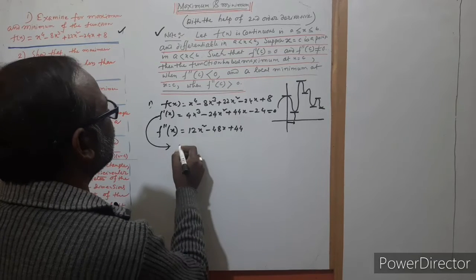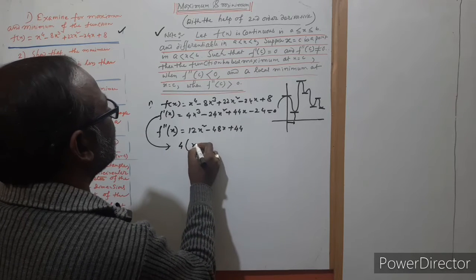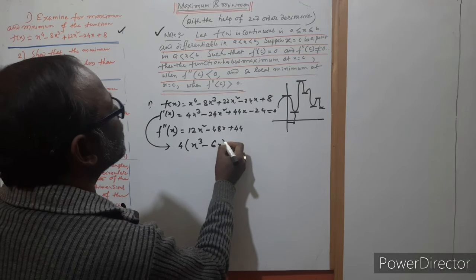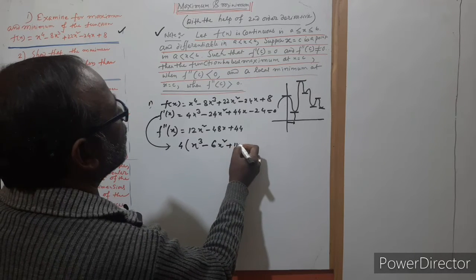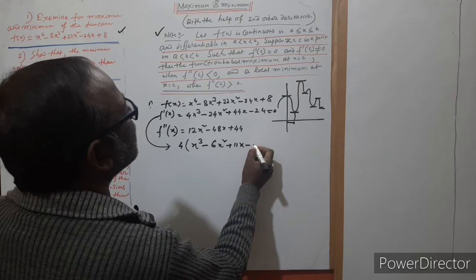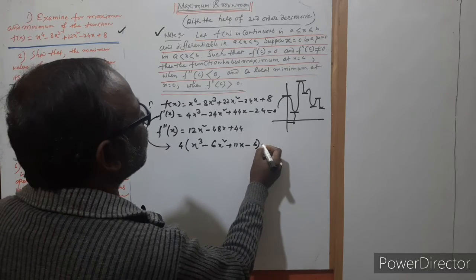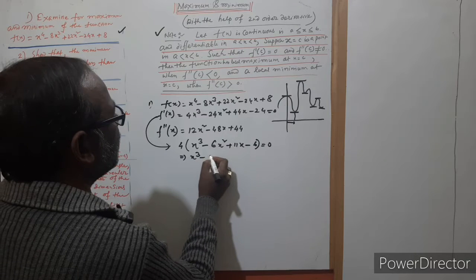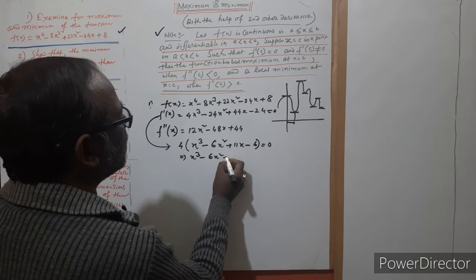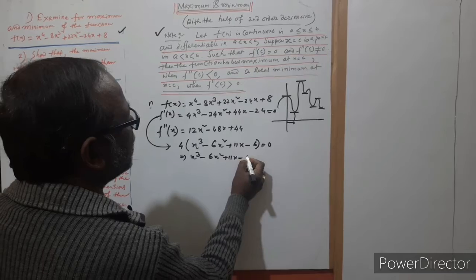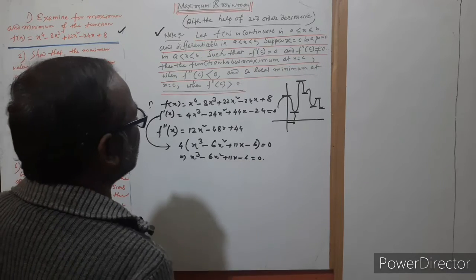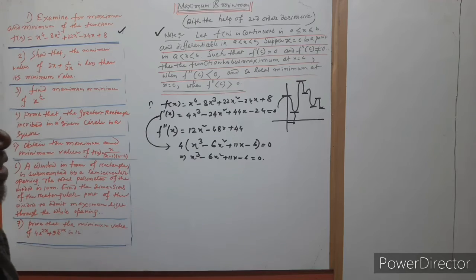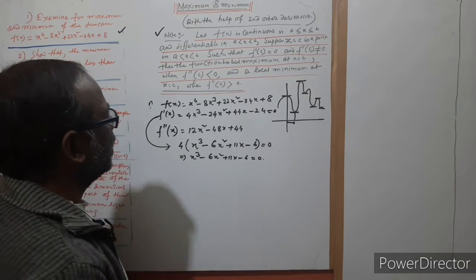So now the first order is equal to 0. We take a common factor 4, so we get x cube minus 6x square plus 11x minus 6 equal to 0. This implies x cube minus 6x square plus 11x minus 6 equal to 0. Actually, this is a degree 3 equation, so you apply the vanishing method to factorize it.